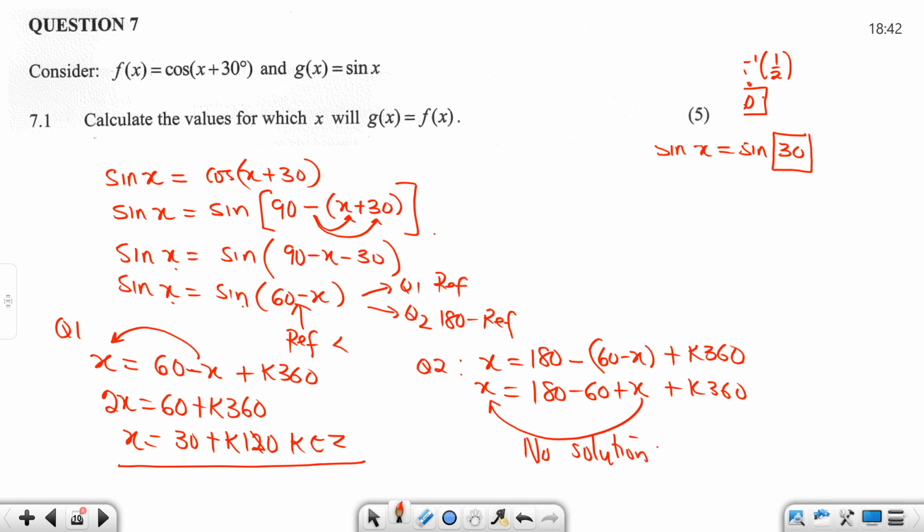Yeah, exactly what I wrote here. Basically you are saying shift the sign of both sides.